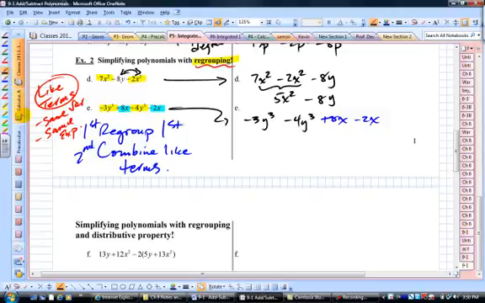That's the first step, regrouping. Now we have to combine like terms. Negative 3 minus 4 more is a negative 7y cubed. When you combine like terms, you have the same term remaining. 8x minus 2x is 6x, and it's positive, so we write plus 6x here. So we regroup and then combine.